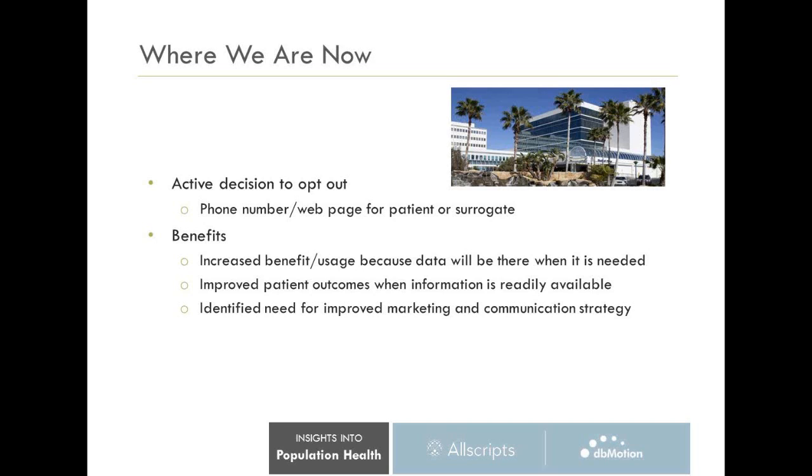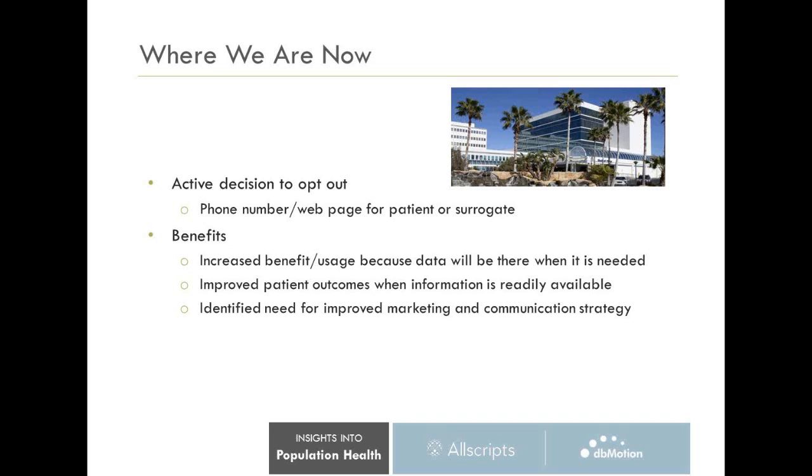We've changed our consent process so that the patients can call a phone number or go to a web page where they're able to opt out of the information exchange. Otherwise, they are consenting to be included.